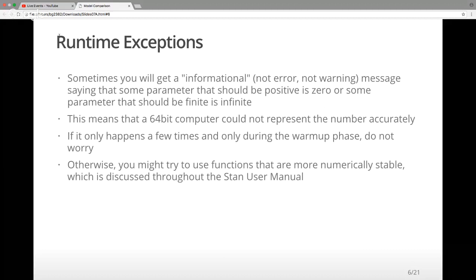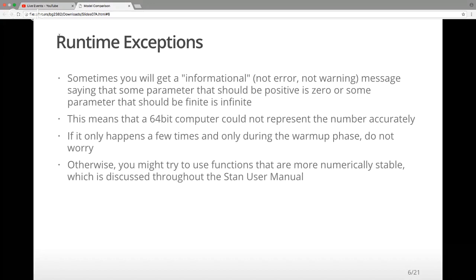If any of them occur, we just don't show them on the screen, because we know the models in RStanARM have been coded with as much numerical stability and accuracy as we can get. So if one or two times that breaks down, particularly during the warm-up phase, it's not that big a deal. But when you write your own models, you may see this more often, and that's an indication that maybe you should try to use functions that are more numerically stable.